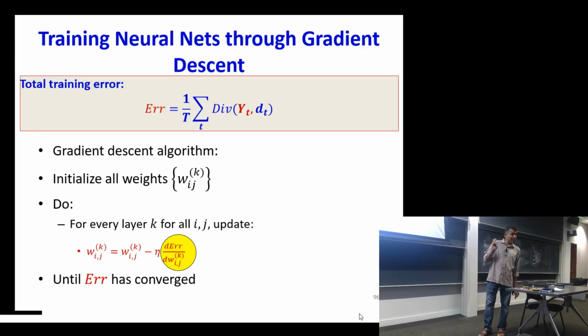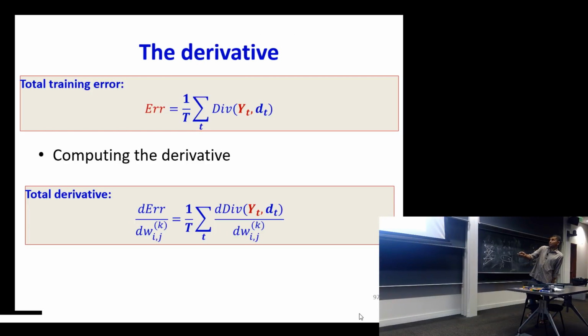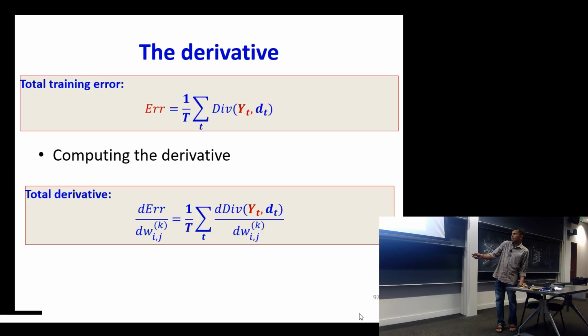The key piece is the derivative of this error with respect to any given parameter. That error is the average divergence over all the training instances, and the averaging operation is linear. So if I want to take the derivative of the error with respect to any weight, the derivative moves in, so it's the average of the derivatives of the divergences for individual training instances with respect to the parameter.